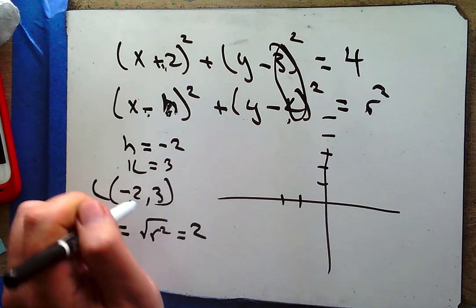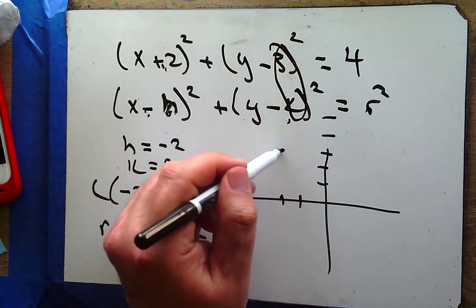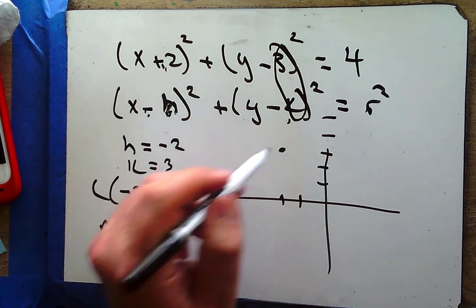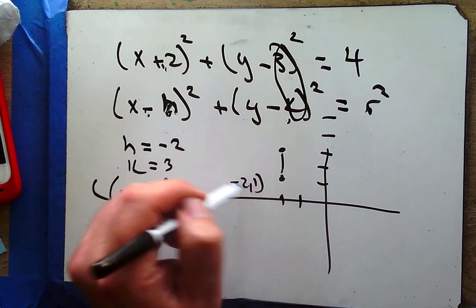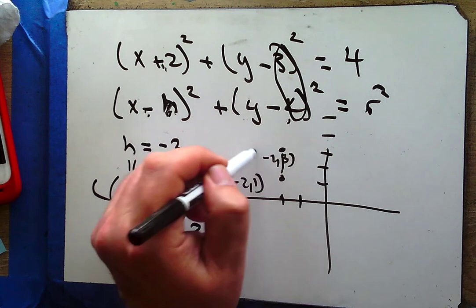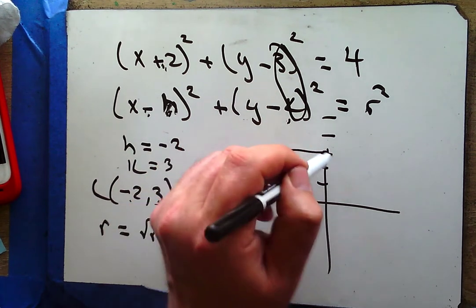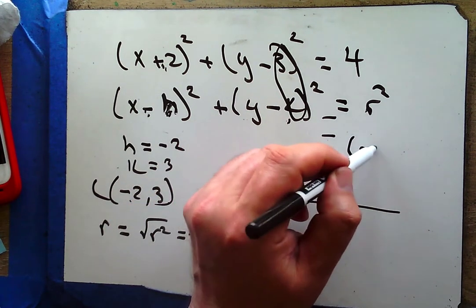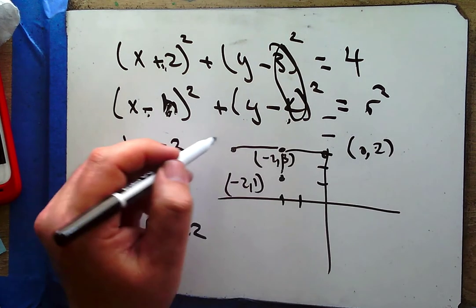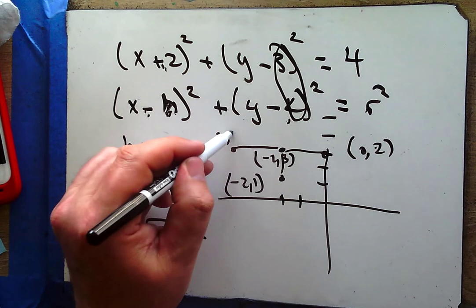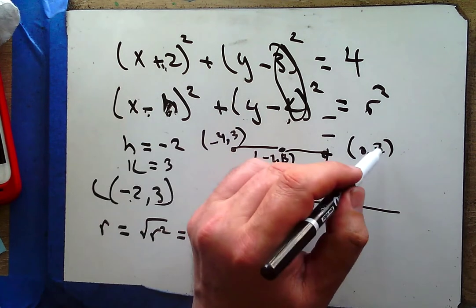So our graph then, 1, 2, 1, 2, 3, 4, 5. So we're at negative 2, positive 3. And I'm going to go down 2, negative 2, positive 1. And I'm going to go over 2, 0, 2, and I'm going to go left 2, which is negative 4, 3, sorry, that's a 3.